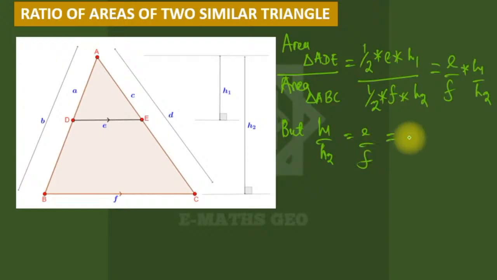Or it will be equal to, since this corresponds to this, that's why it's E over F, or could be A for the small one corresponds to B of the big one, or C of the small one corresponds to D. Yes, because the two triangles are similar.